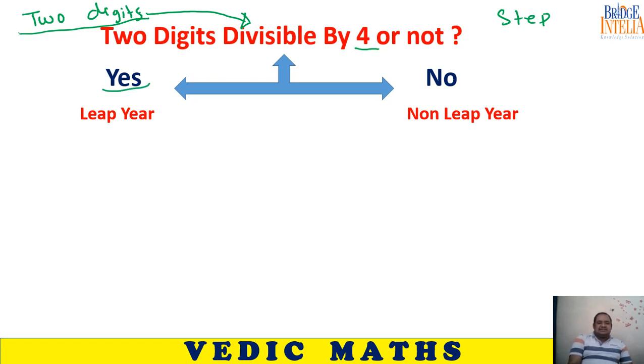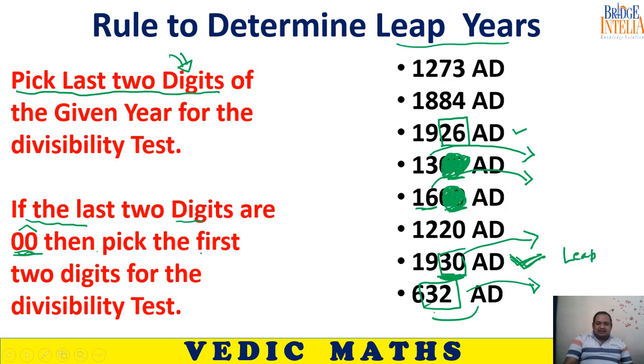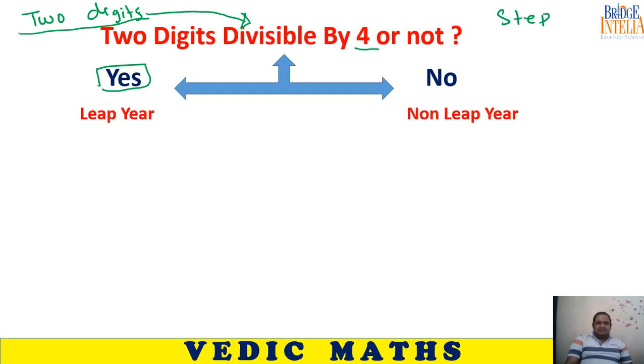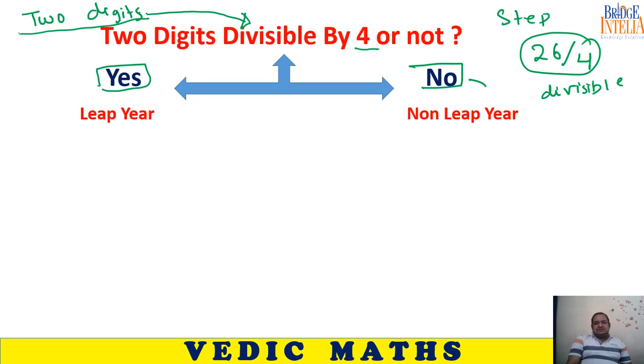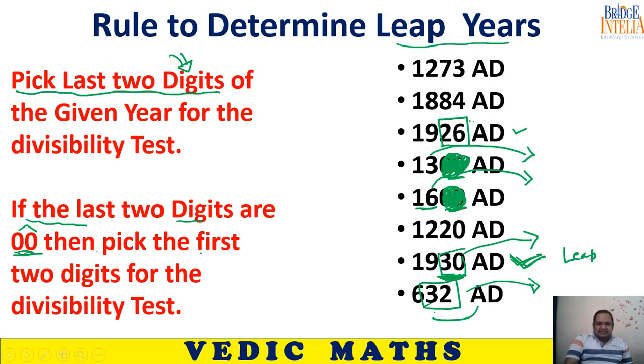If the answer is yes, then it is a leap year. For example, 1926, you pick 26. You try to divide 26 by 4. Is 26 divisible by 4? The answer is no. So 1926 is not a leap year.